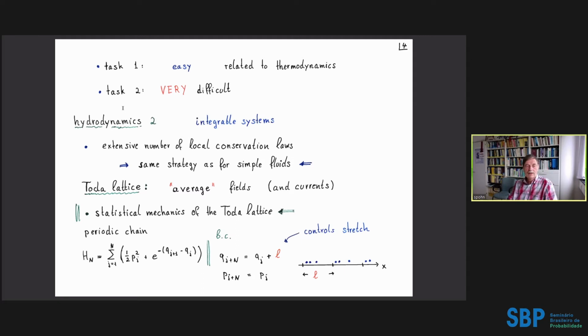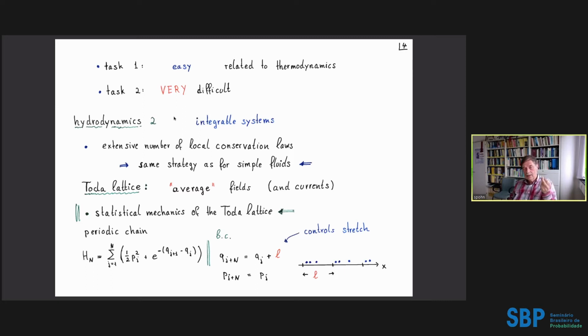Okay? So now I come to the hydrodynamics of integrable systems. Before, I just talked about hydrodynamics and the idea of local equilibrium. And now the idea is: why don't we try to write down the hydrodynamic equations for integrable systems?